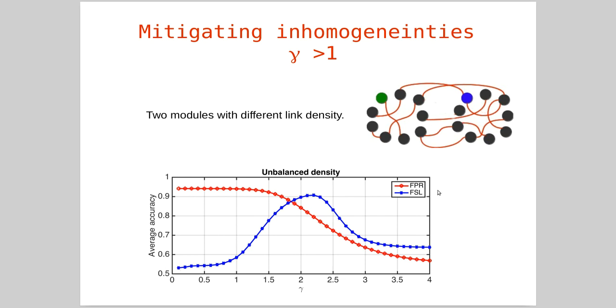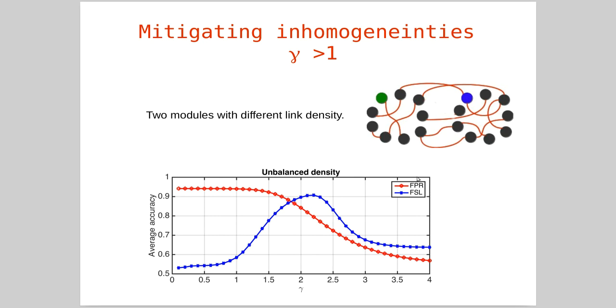We see here the blue curve, which is the standard Laplacian method, and the accuracy on this method is very low. But then if we take this gamma parameter to become bigger than 1, the accuracy increases, and so we're able to correct this different link density thanks to this gamma parameter that modifies the way I'm able to, so to speak, play with the structure.